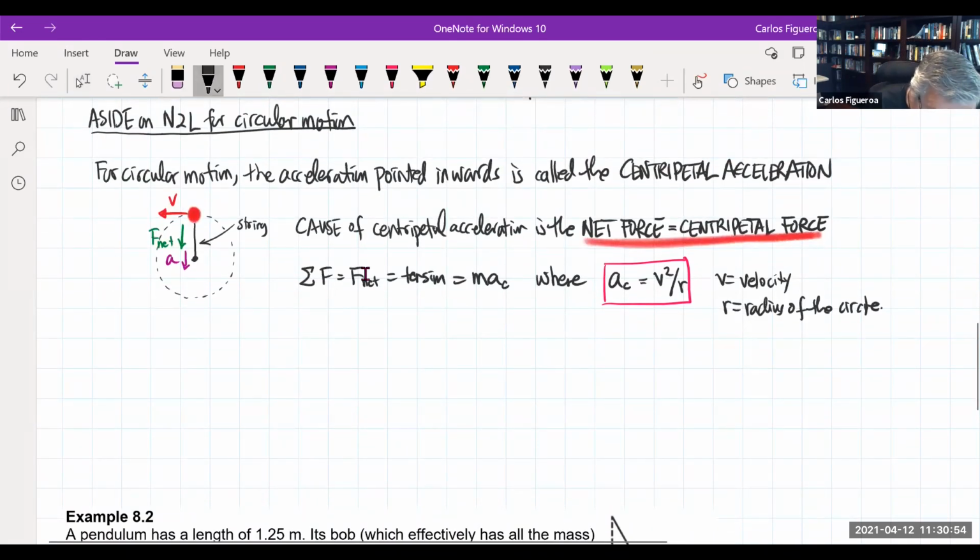Now imagine that we take a ball and we are going to swing this ball in a vertical circle. So suppose a ball on a string is moving in a vertical circle.